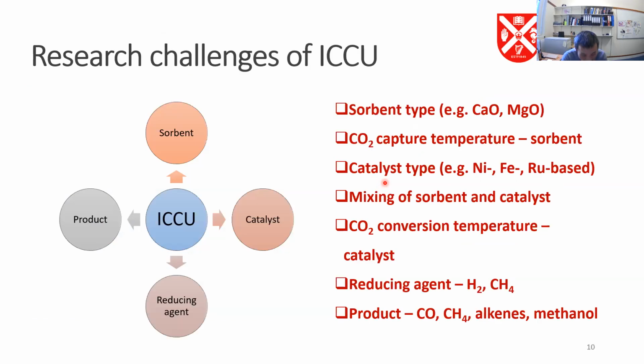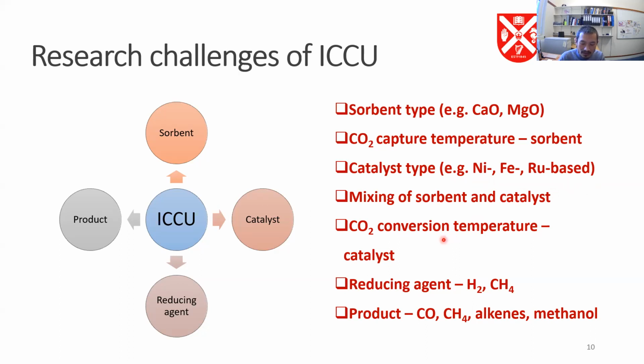So as I said, this is a relatively new area. And we need a dual function material, which has two functions: catalytic function and CO2 absorption function. So we also need a catalyst. What kind of catalyst do we want, and how are we going to combine the catalyst and the solvent?